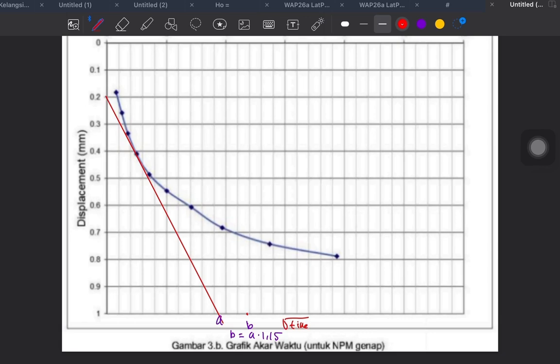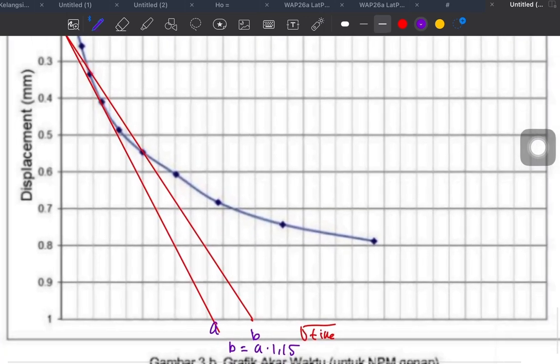We have to draw the straight line from point B to the y-axis of point A. After that, we can get the intersection between line B and the curve.